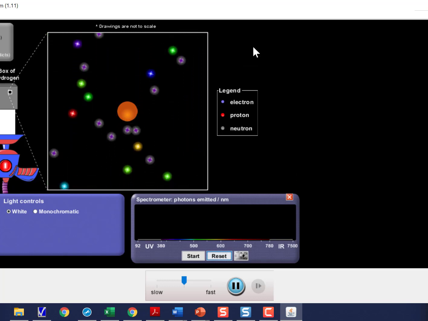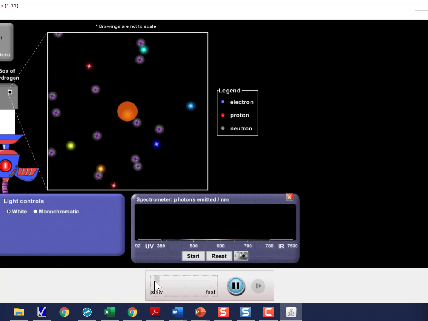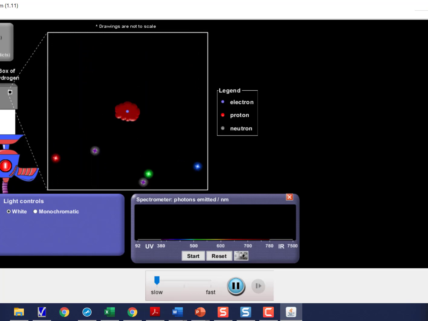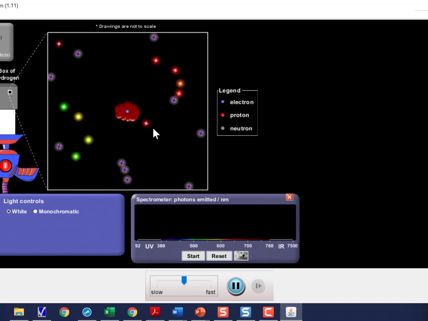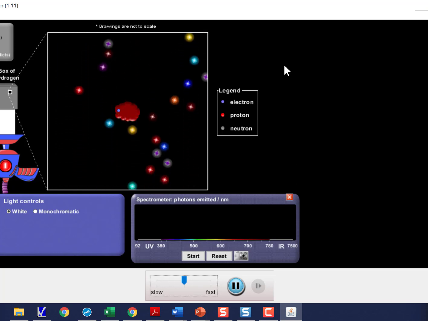Okay, classical solar system. Sorry, I did plum pudding first. Plum pudding, let's speed it up. See what happens to the electron when it hits, and then when it gives off light.